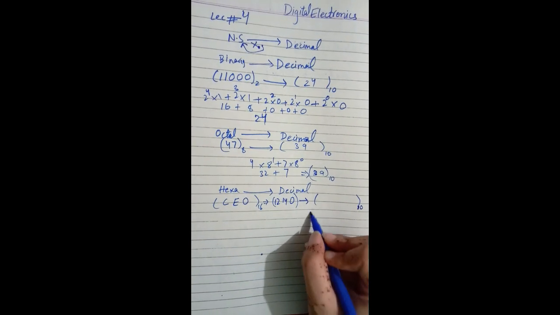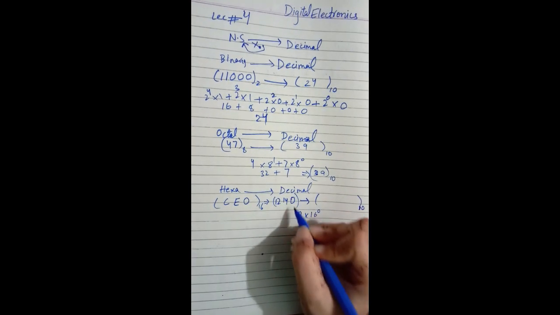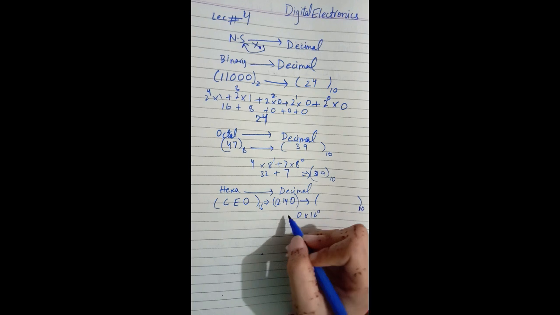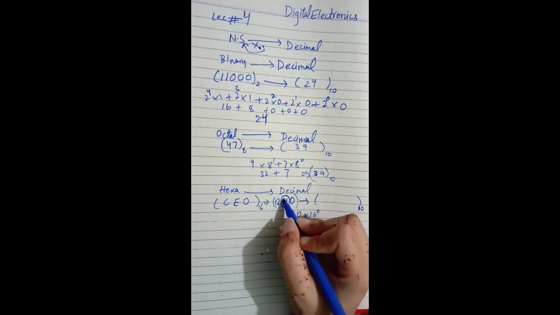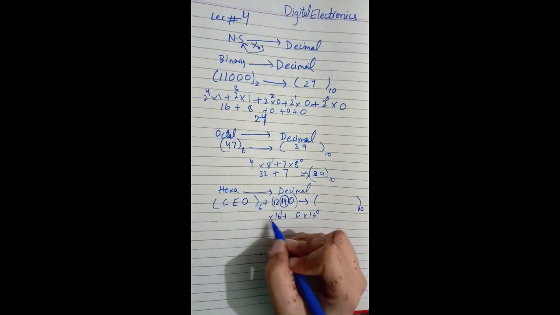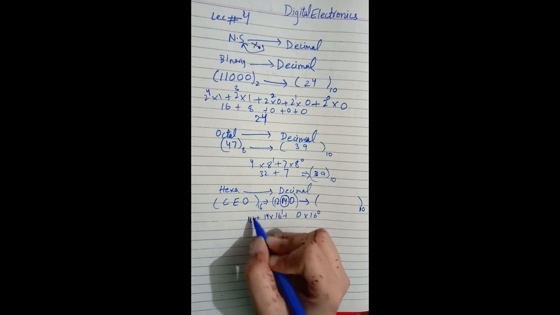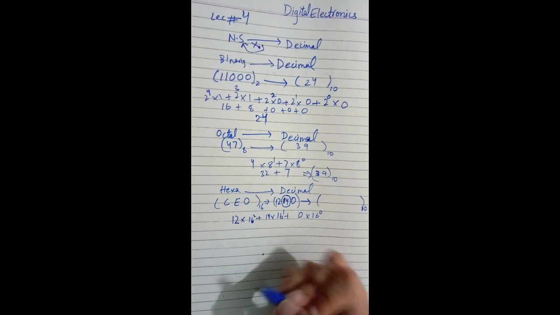For this again we will multiply it as 16 raised to power 0 multiplied by 0, and in hexa this is our whole number, like this is not 1 and 4, this is complete 14. So plus 16 raised to power 1 multiplied by 14 plus 16 raised to power 2 multiplied by 12.